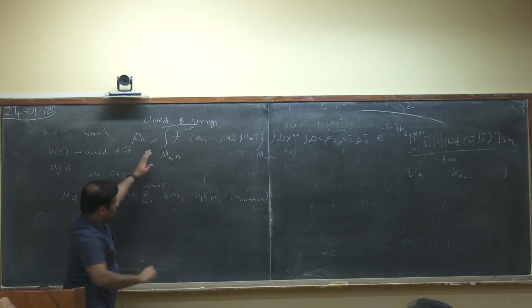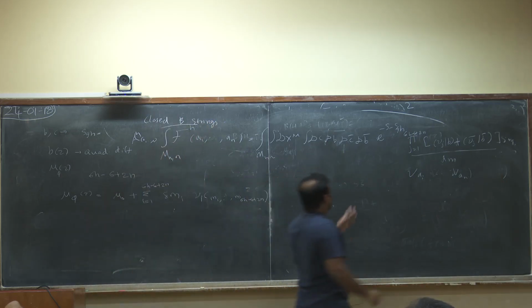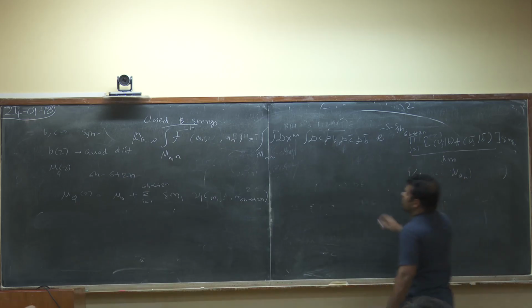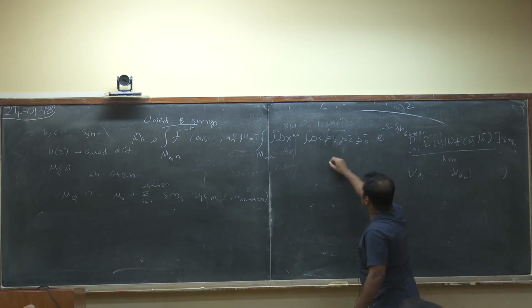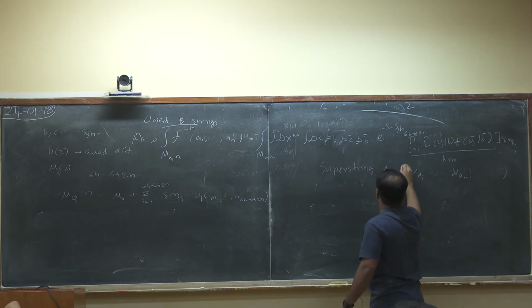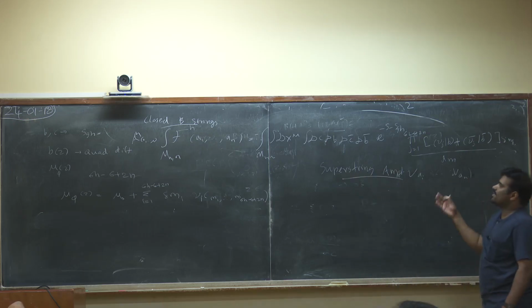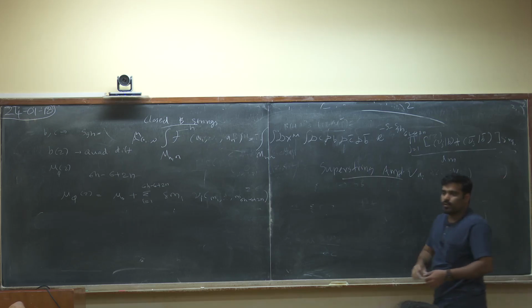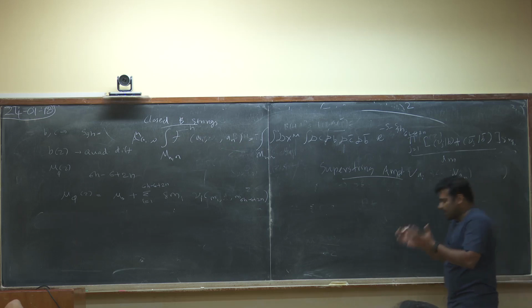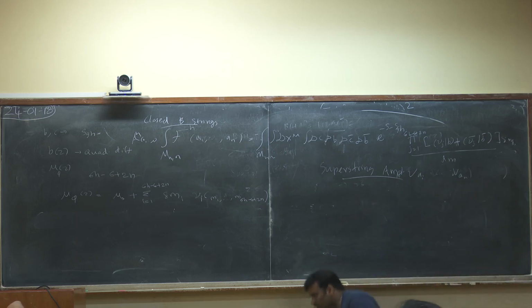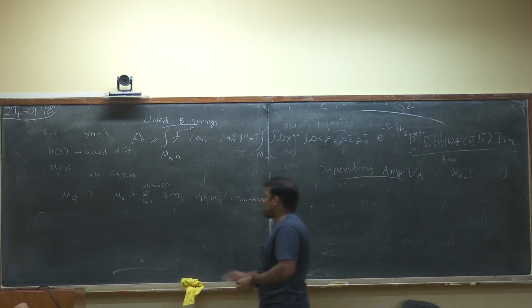Now if I want to write down a sensible expression for the superstring amplitude, I have to do a little more work. We know that in superstring theory we have to insert some number of picture changing operators to account for the fact that the worldsheets of superstring theories are actually super Riemann surfaces, not the usual Riemann surfaces.